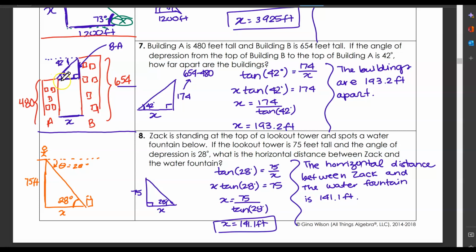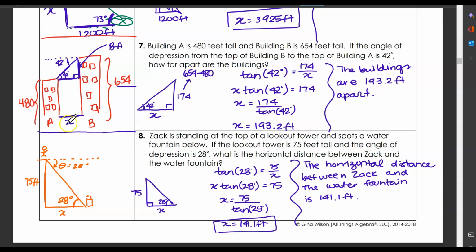My angle of depression from building B to building A is going to be that 42. So notice here I drew this triangle here. And because we have those congruent angles, we know that this is going to be 42 degrees also to look upward towards building B. So we are able to generate this triangle, which I've simplified over here.